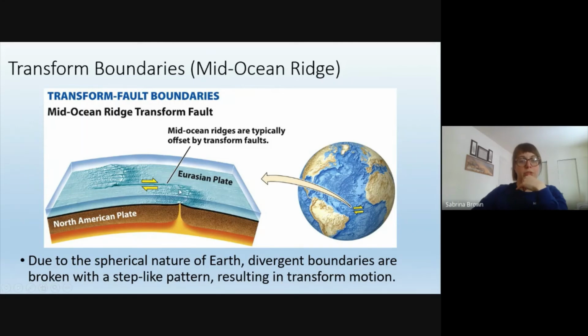So here's a divergent boundary, here's a divergent boundary, and then in between them is this transform fault. And again, this is where we have plates just sliding past each other. And in the case of mid-ocean ridges, it's just to offset that divergent boundary because it's a sphere and it's really hard to put, right, this sort of flat motion onto a sphere.